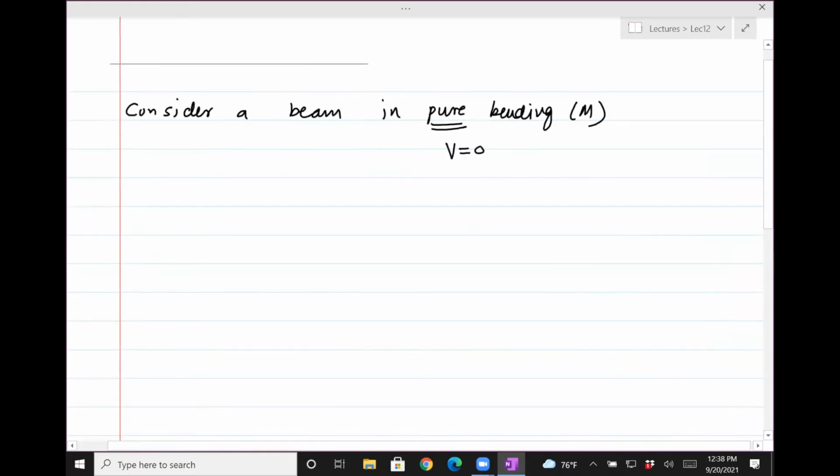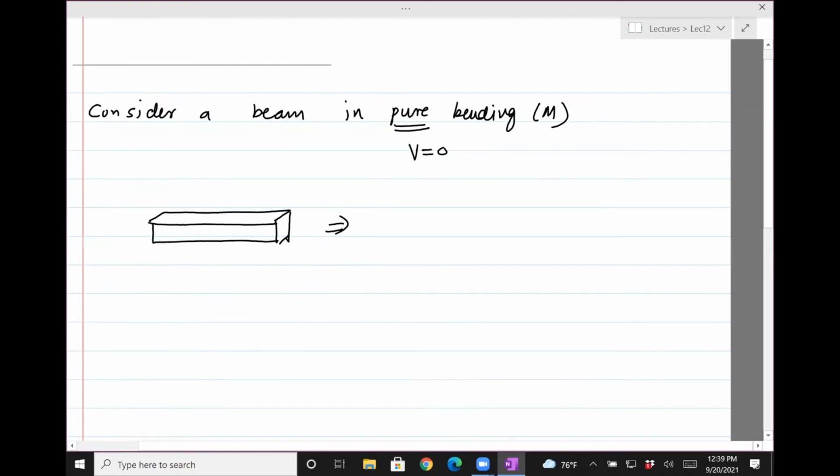So let's take a beam and then load it up with a moment M. If you apply a moment M, it will bend in a shape like this. It'll be sort of convex.